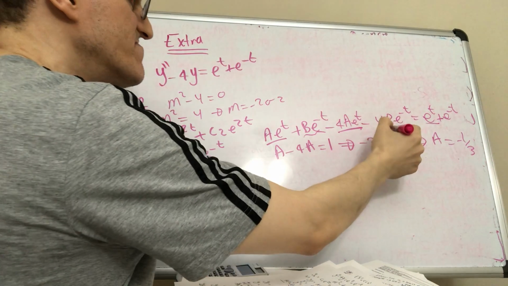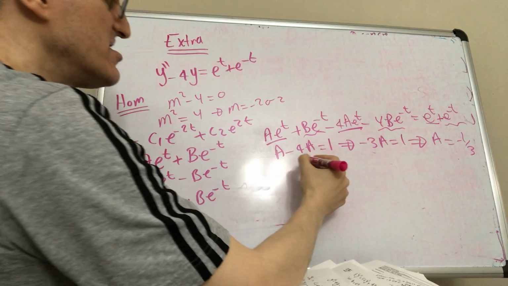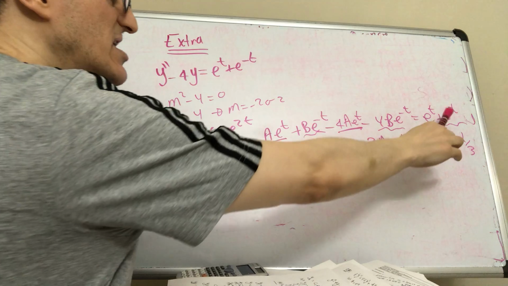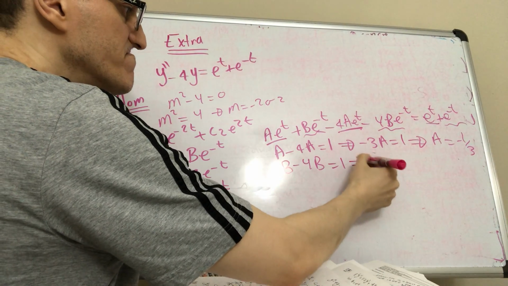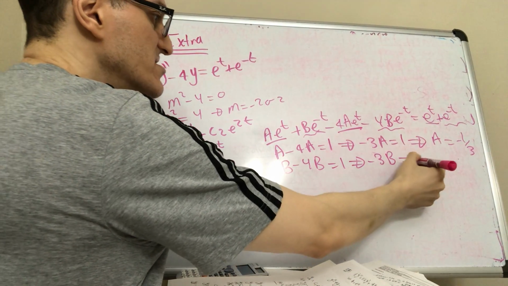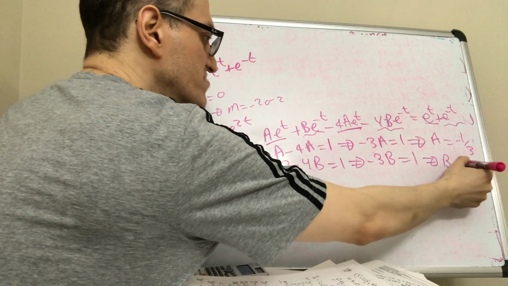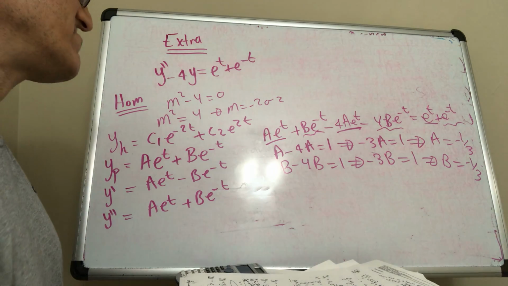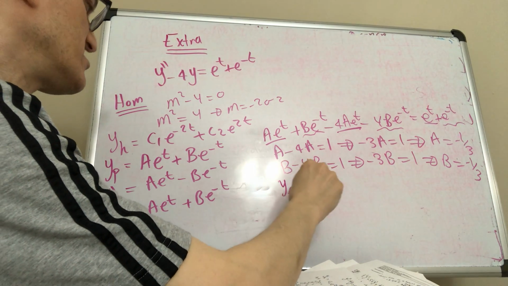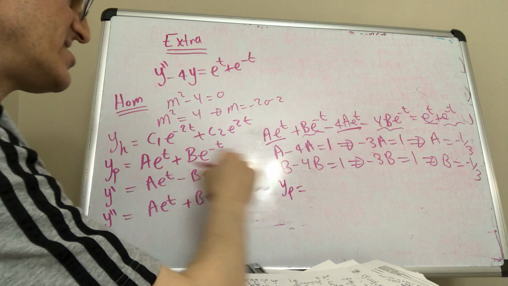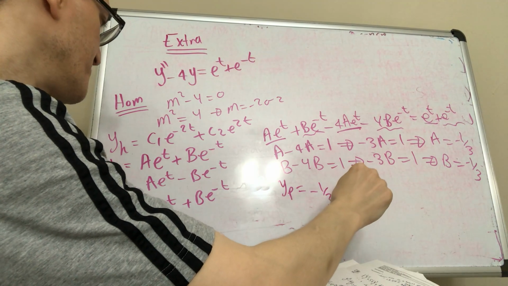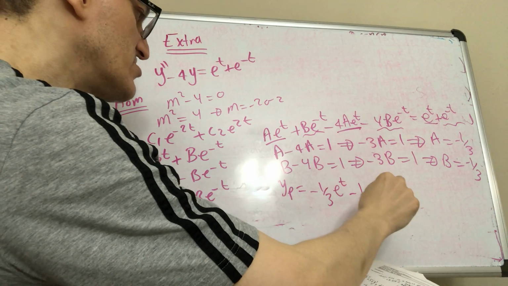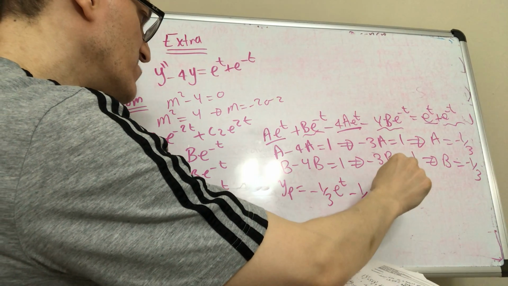We look at the b. So you have b minus 4b, and the coefficient also 1. Negative 3b is 1. b is minus 1/3. So that means that your particular solution would be a is negative 1/3 e to the t, and also negative 1/3 e to the minus t.